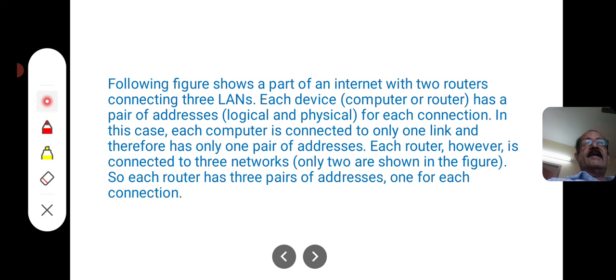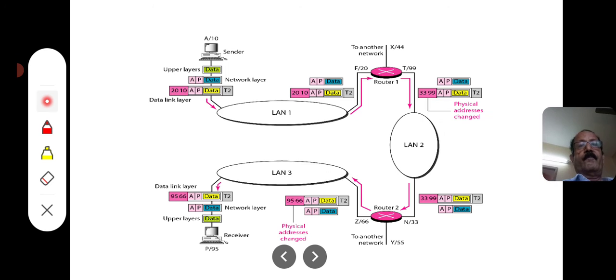Now, let us see the role of the network in handling physical as well as IP addresses. There are two systems, sender and receiver. For each system, addresses are mentioned. See the sender on the top of the system: A and 10 are written.